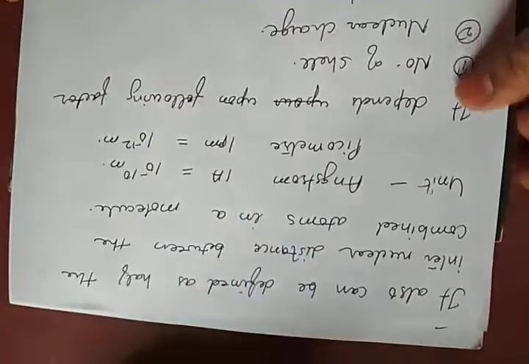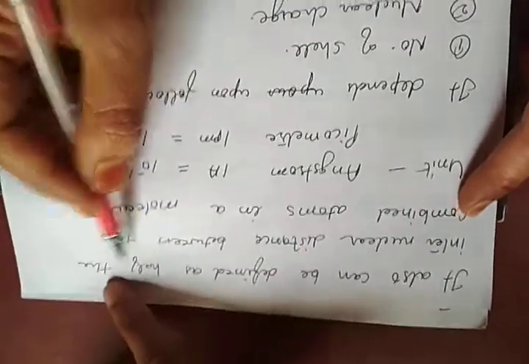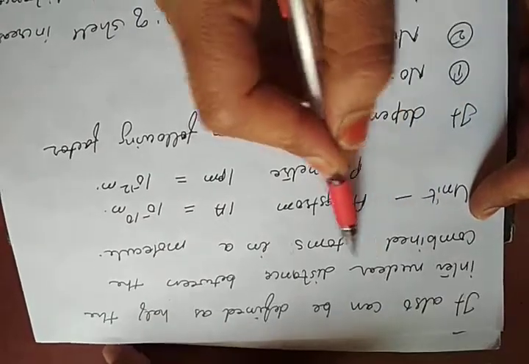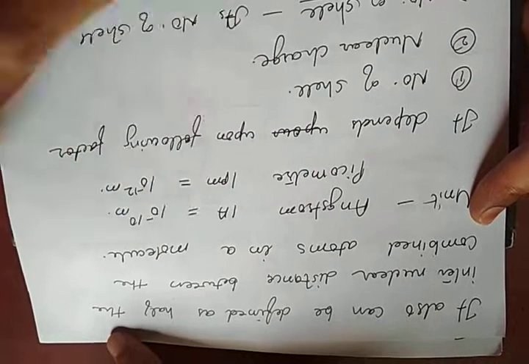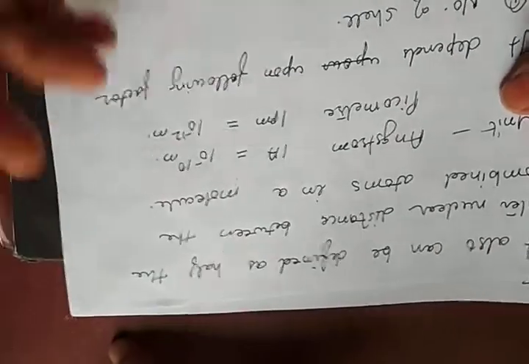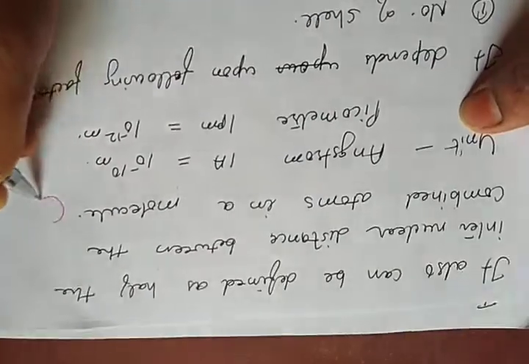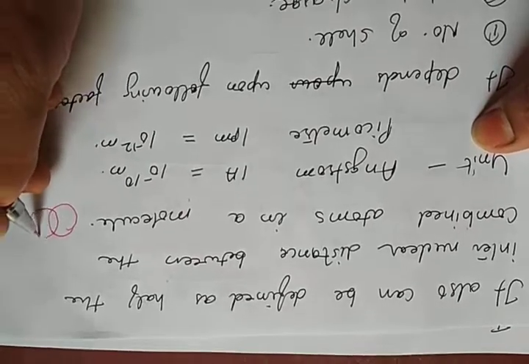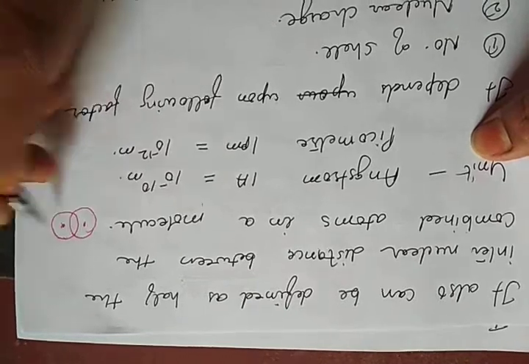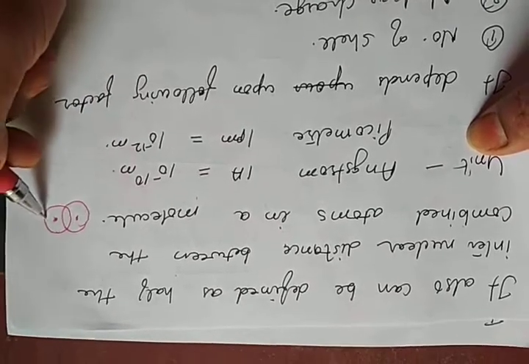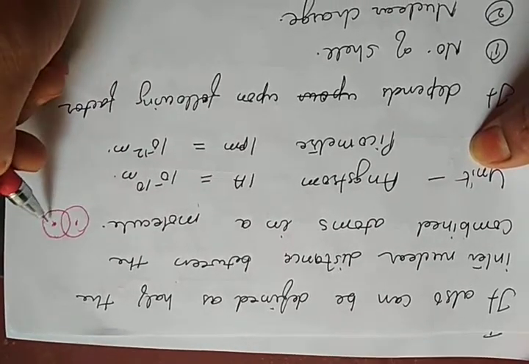It can also be defined as half the internuclear distance between the combined atoms in a molecule. In a molecule, how is the molecule formed? It is a combination of 2 atoms. This is the nucleus of the first atom. This is the nucleus of the second atom. When the 2 atoms combine together, they form a molecule.